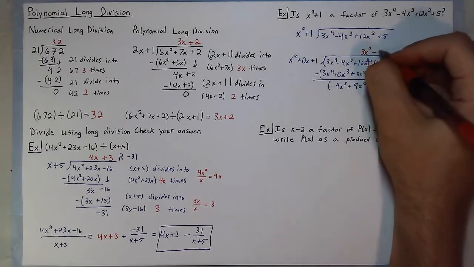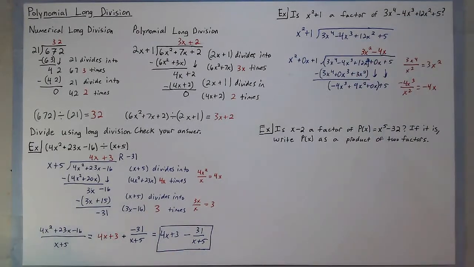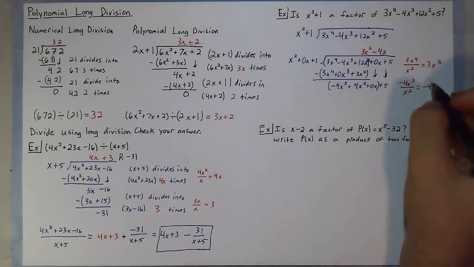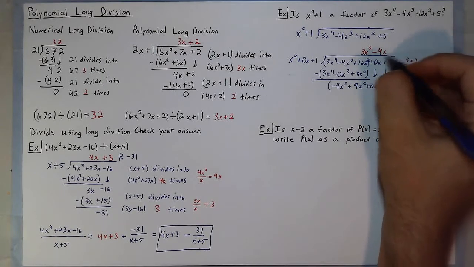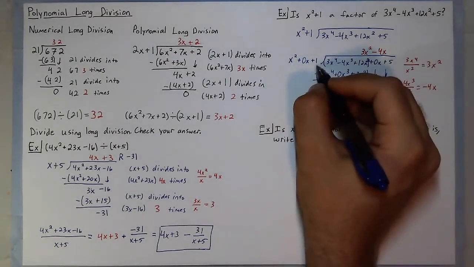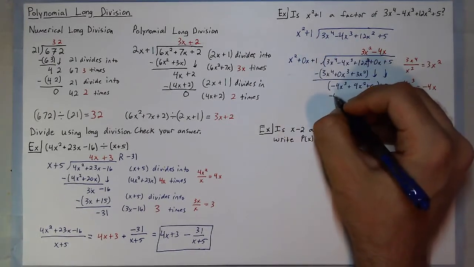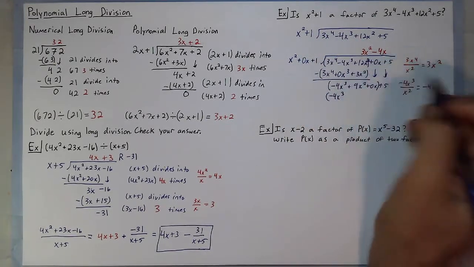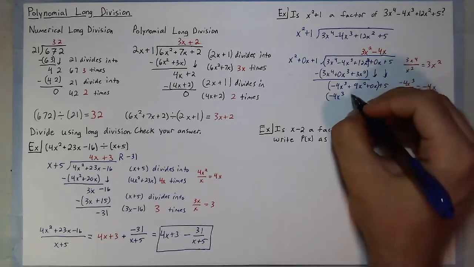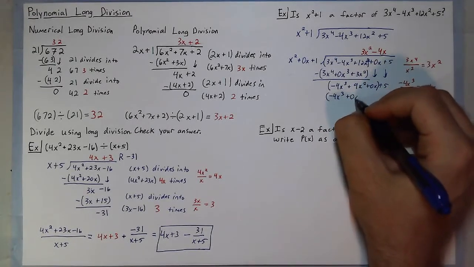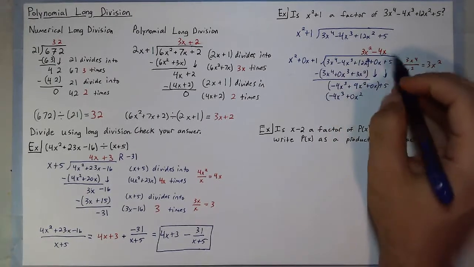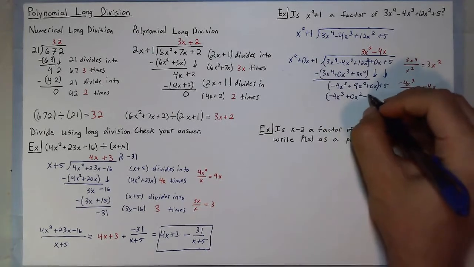So minus 4x. So then I'll do negative 4x times x squared plus 0x plus 1. So negative 4x times x squared is negative 4x cubed. Negative 4x times 0x is 0x squared, or just 0. And then negative 4x times 1 is negative 4x.